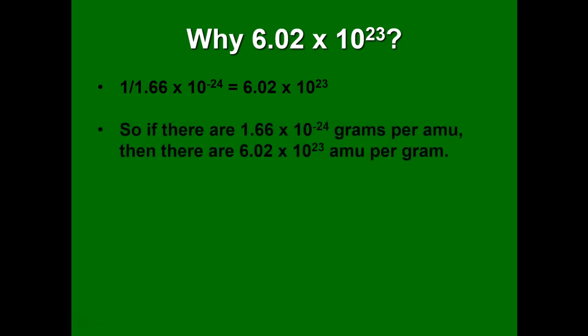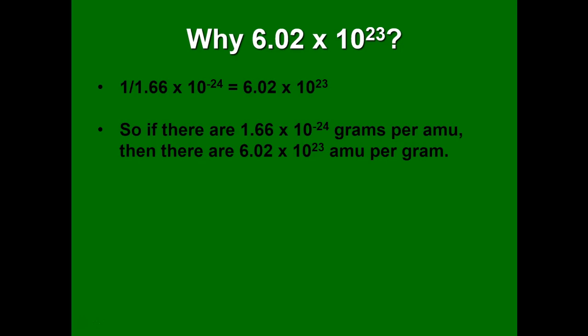Well, if there are 1.66 times 10 to the minus 24th grams per AMU, then when we take the reciprocal of the number, we also take the reciprocal of the units. That means that there are Avogadro's number of AMU per gram. So let me say that again. If there are 1.66 times 10 to the minus 24th grams per AMU, then there are 6.02 times 10 to the 23rd AMU per gram.